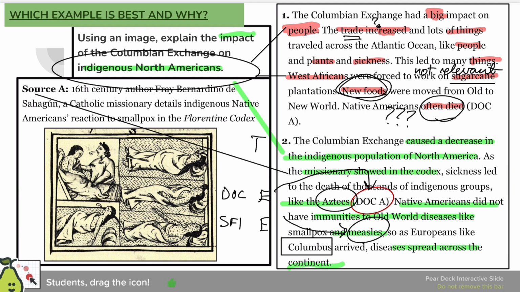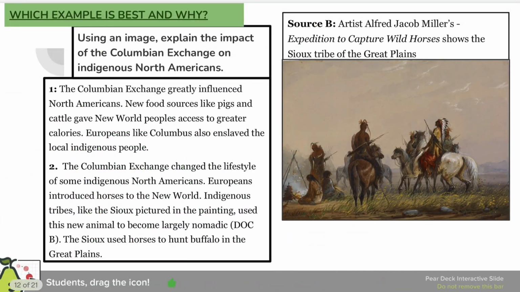So now we're going to move on to the second source that we've already looked at, okay, with the painting of Native Americans with horses in the Midwest surviving on the plains. So first up, the first thing that we do when using documents is we read the prompt. We have to read the question, because if our answer doesn't answer the question, then it's not going to get a point, right?